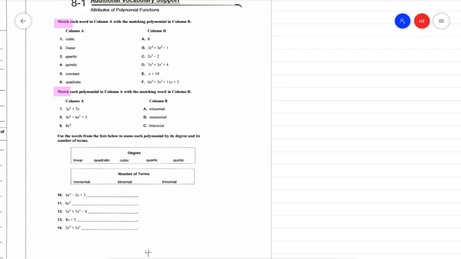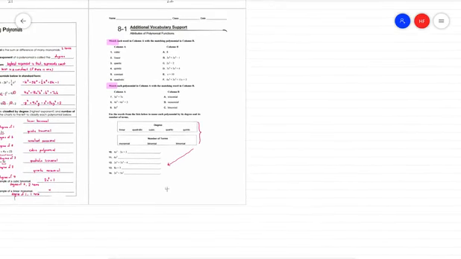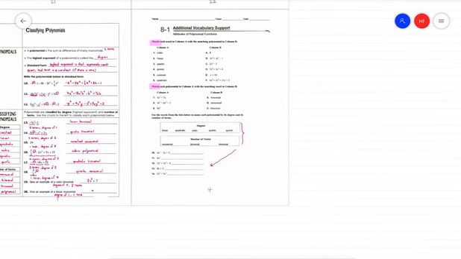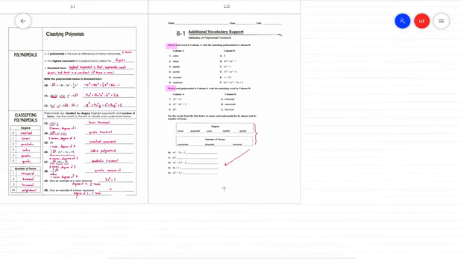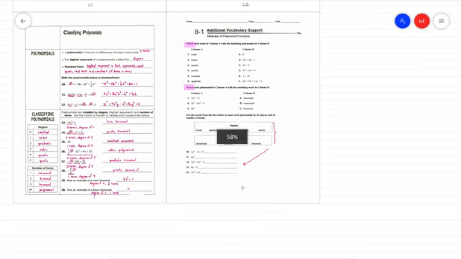And then on this last one, you're going to write from this word bank each of the polynomials. You will classify them by degree and number of terms. So the first two sections are matching, and then you're just doing what we did here on 13 through 20. On 10 through 14, you're going to be writing what they are called, what they're classified by the number of terms and their degrees. So this is just day one of classifying, and we will continue classifying on Monday.